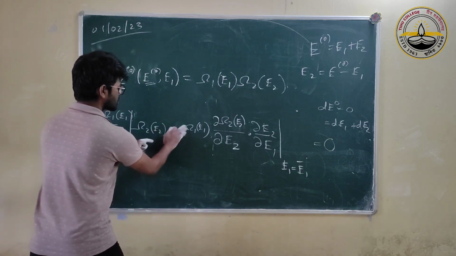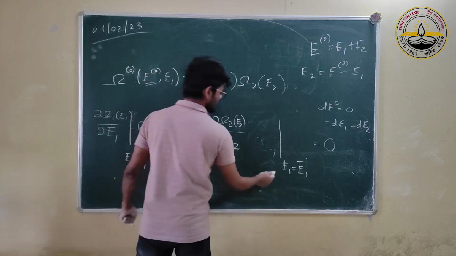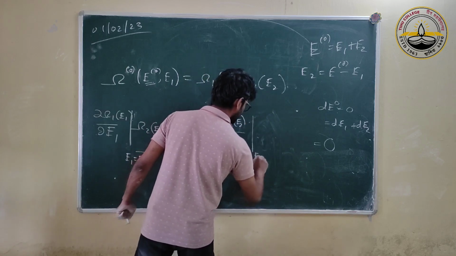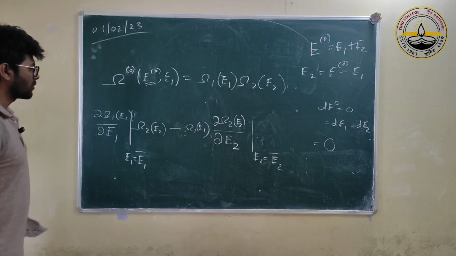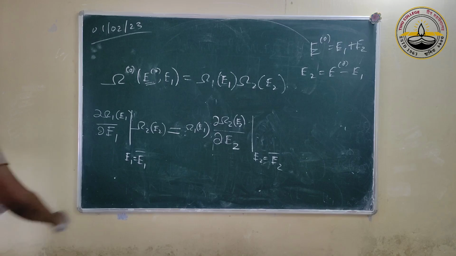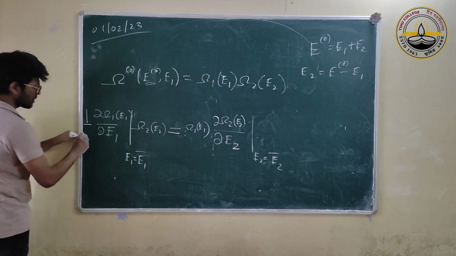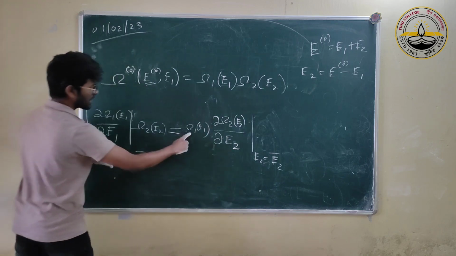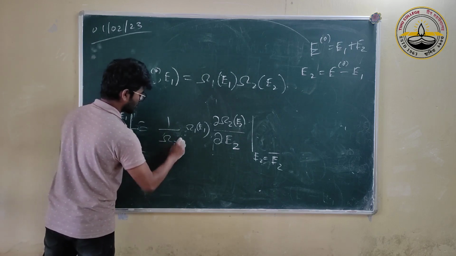So this becomes minus, equal to 0. So E1 equal to E1 bar, E2 equal to E2 bar, equal to 0. So that means this equals this. Or we can take this on this side, omega 1 E1, and this on that side, 1 over omega 2 E2.